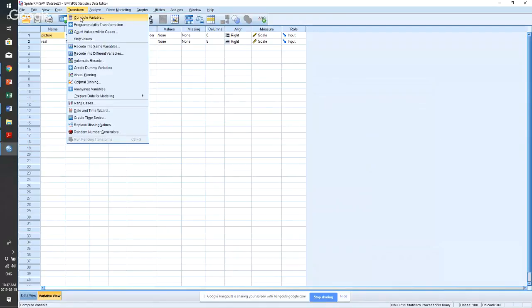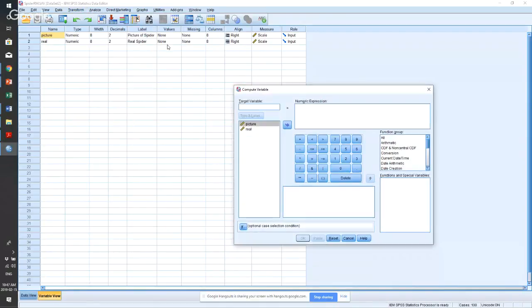Hopefully this works because I don't know why it won't, but we're going to calculate a mean. Now, by the way, in this function group, I can go in here and find mean. What is going on? Well, I'm going to just type it, okay? That's what I would do. I mostly type. Now I'm going to put picture, comma, real, bracket.